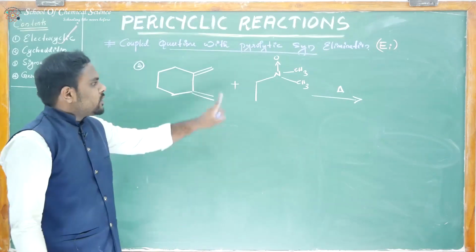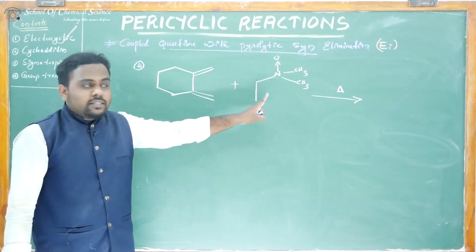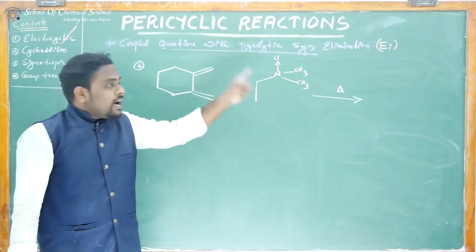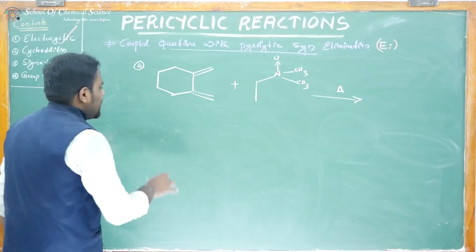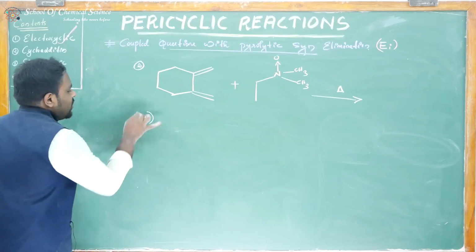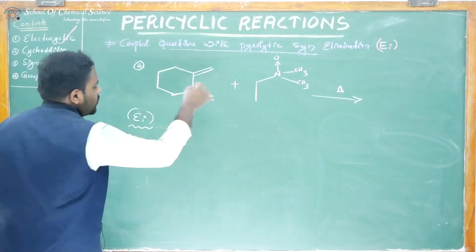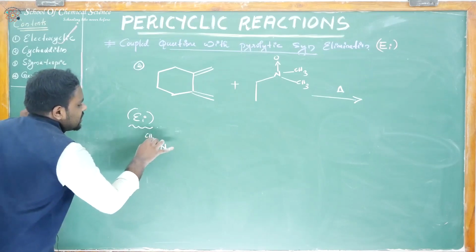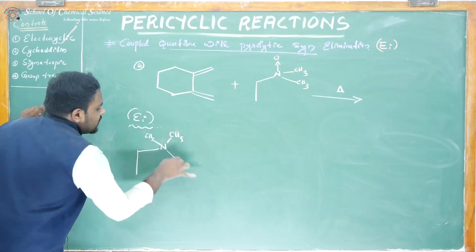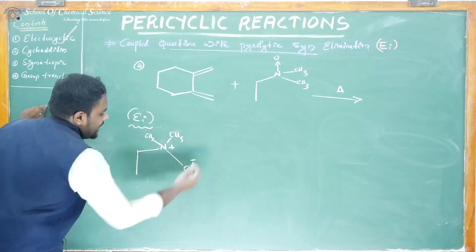But the condition for the formation of dienophile is there. A nitrogen oxide under thermal condition undergoes pyrolytic syn elimination, Ei. So your nitrogen oxide can be written in this fashion, N CH3, CH3. This is N plus O minus.